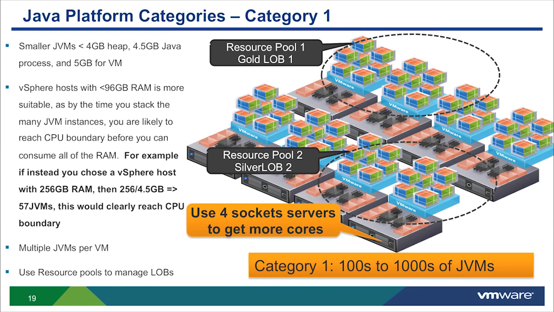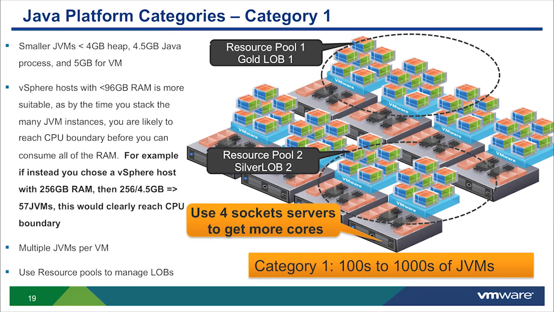Now, if you had a 256 gig box here, in order to consume all of the memory on that box, that's 57 JVMs. There's no way you're going to put 57 JVMs on a box that has only 16 physical CPUs. It's going to track CPU bound pretty quickly. So you either consolidate the number of JVMs or pick a 4-socket box, for example, that has more cores.